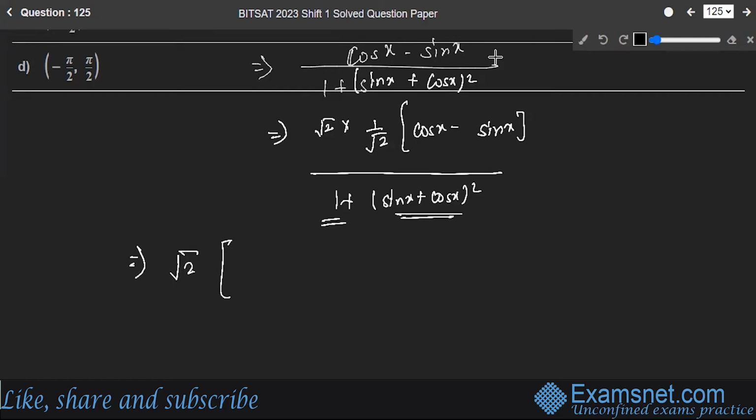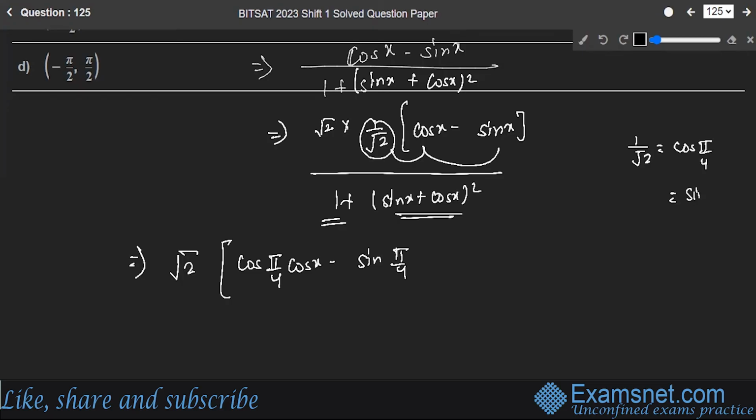This can be written as cos pi by 4 cos x minus sin pi by 4, because 1 by root 2 is equal to cos pi by 4, and this is also equal to sin pi by 4.